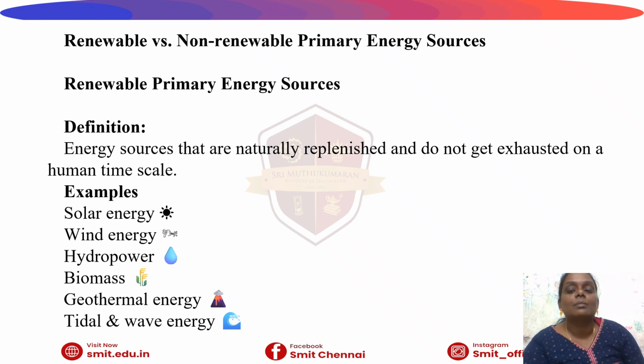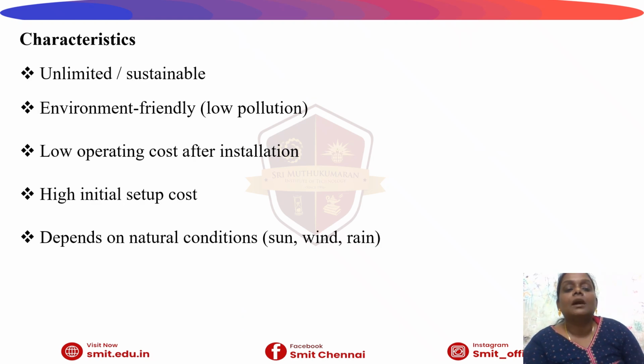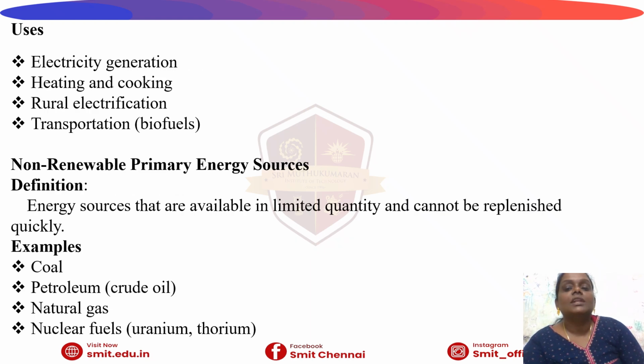It is used for power plants, transportation, industries, and nuclear electricity. The main characteristics of renewable energy are that it is unlimited, sustainable, environmentally friendly, that is low pollution, low operating cost after installation, high initial setup cost, and depends on natural conditions, that is sun, wind, and rain. It is used for electricity generation, heating and cooking, rural electrification and transportation.